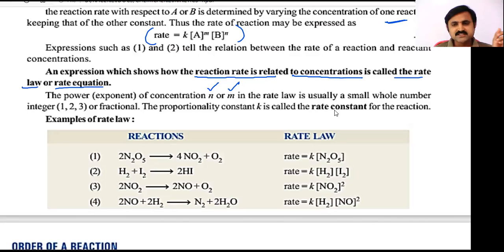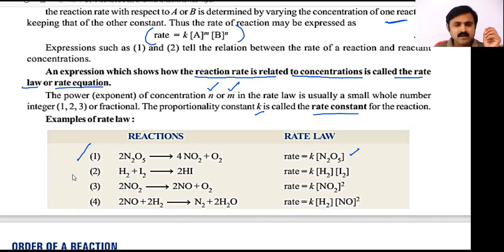The proportionality constant K is considered the rate constant. For some chemical equations, take the nitrogen pentoxide decomposition reaction: the rate law can be written as rate equals K times the concentration of N2O5.